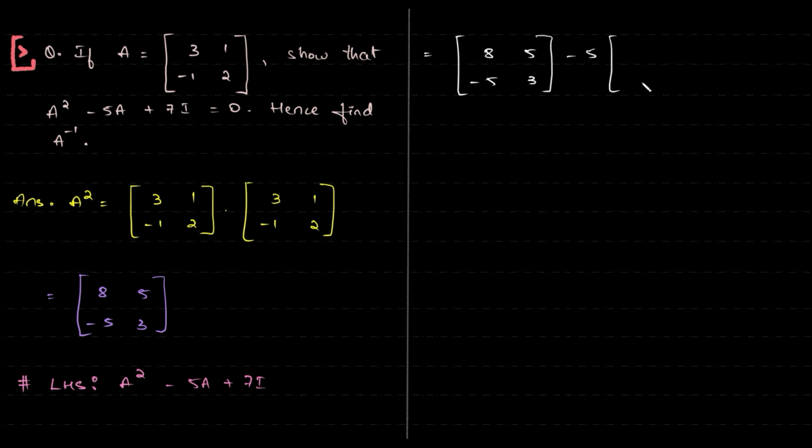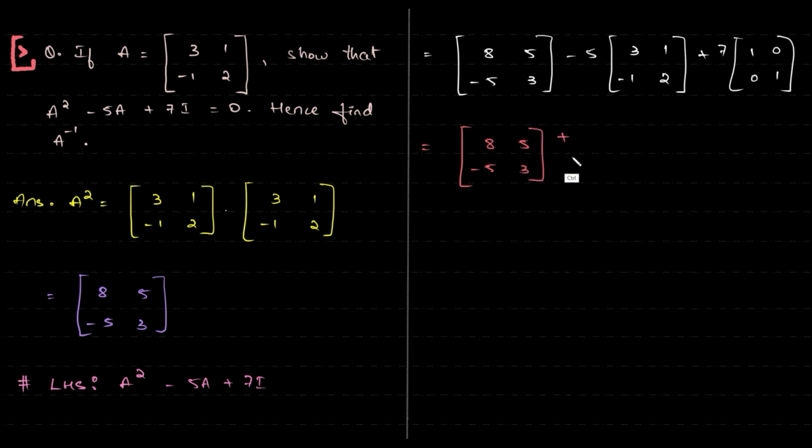Minus 5 times of A will give us this particular expression, and 7 times of I. The next thing is, let's multiply the scalar quantity over here, plus minus 15, plus 5, minus 5, minus 10. Plus 7, 0, 0, 7.